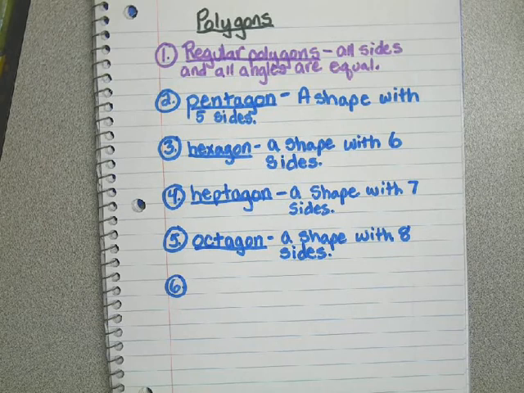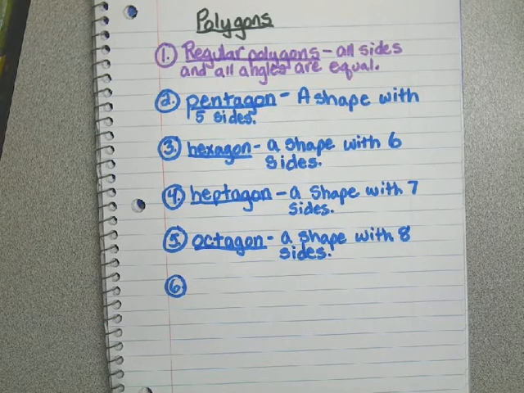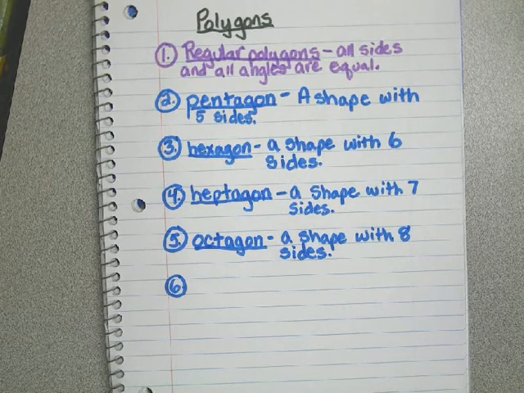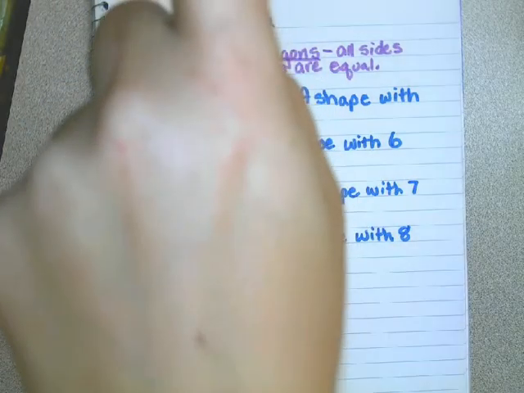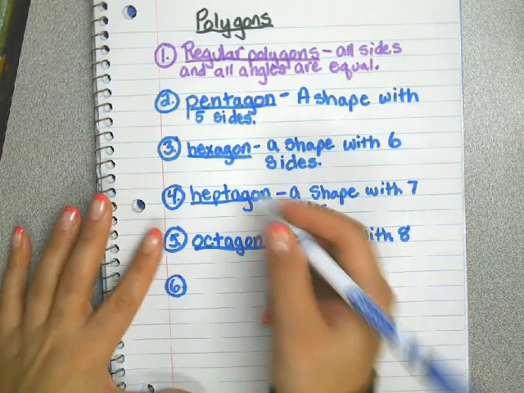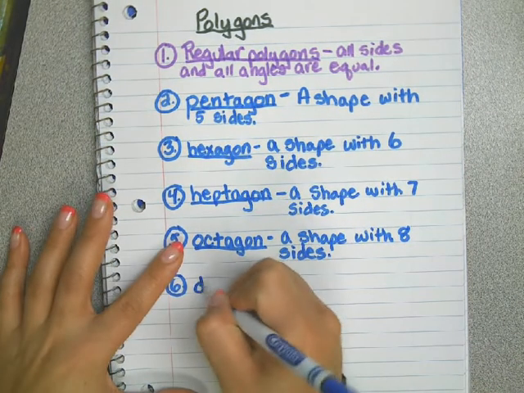And then the last one you need to know is not 9 sides, but 10. What do we call a shape with 10 sides? Alan? Is it something with deck?